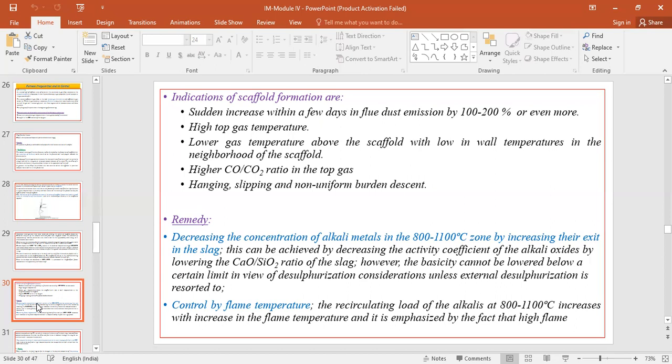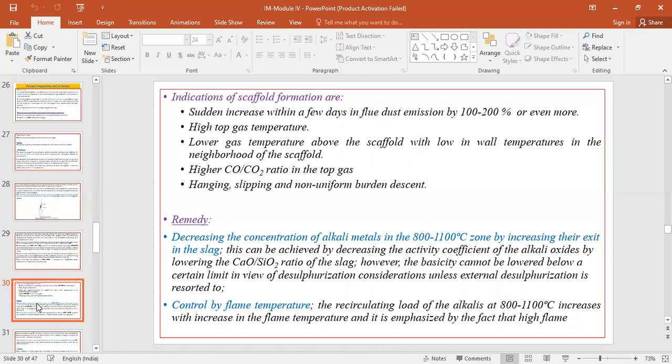And also, we need to decrease the concentration of alkali metals in the temperature range of 800 to 1100 degrees by increasing their exit in the slag.